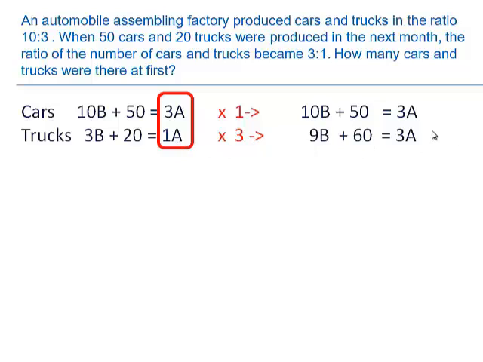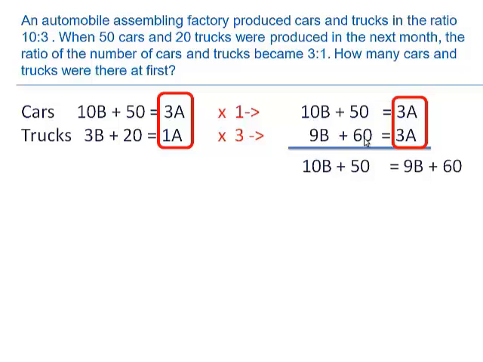We are making the after units the same for these two so that we can compare the before units shown on the left hand side. Since the right hand side is equal, the left hand side should also be equal. So 10 before units plus 50 is equal to 9 before units plus 60.